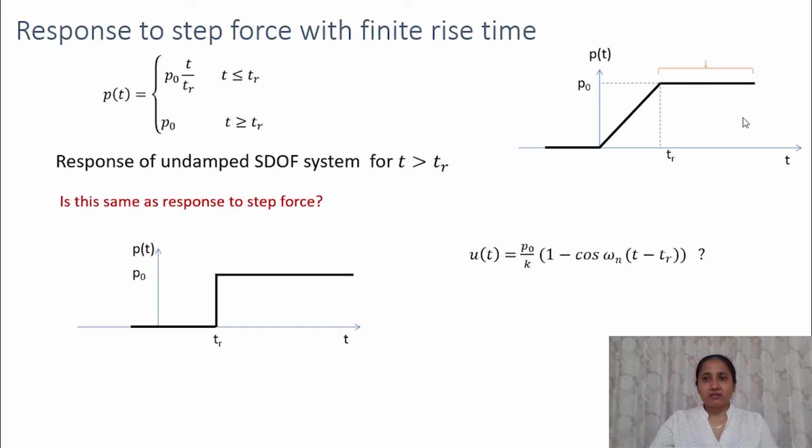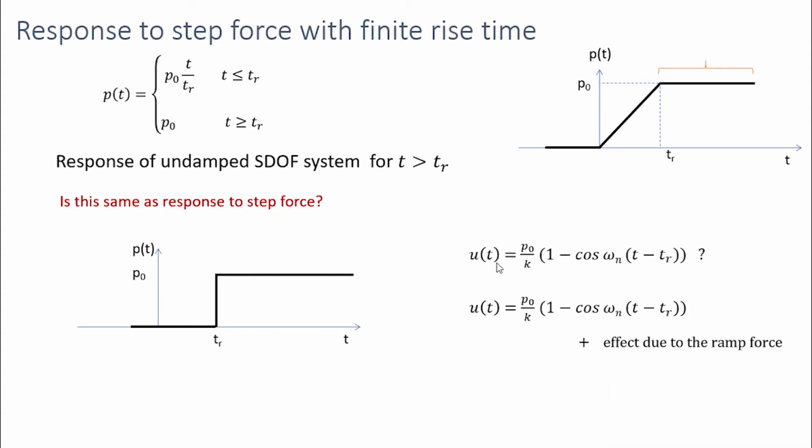But in our case, the response of this ramped step function will be this response plus the effect due to this ramp force. Because of this ramp force in this zone, our system is already vibrating. So at T equal to TR, it is not at rest. It will have some initial conditions, that is the response due to this ramp force at time equal to TR.